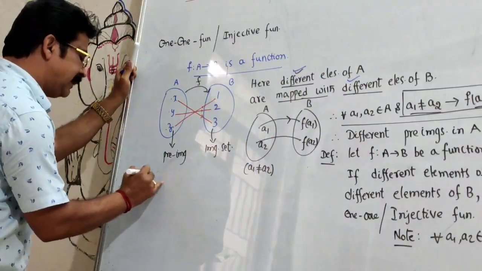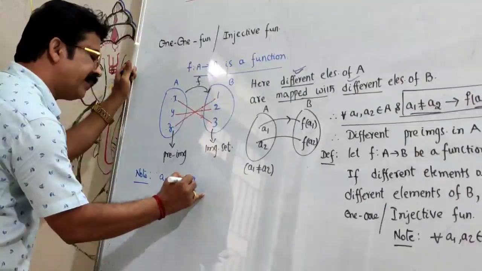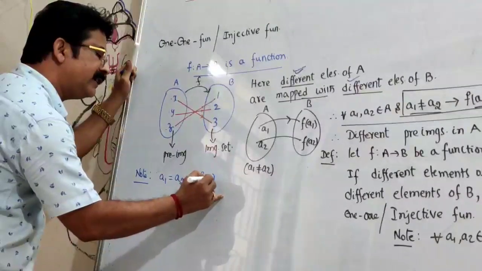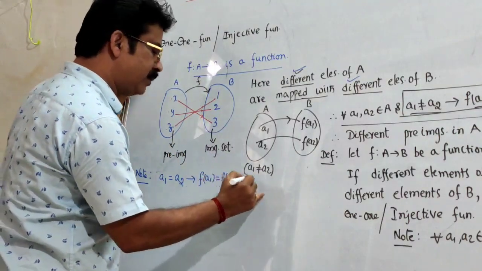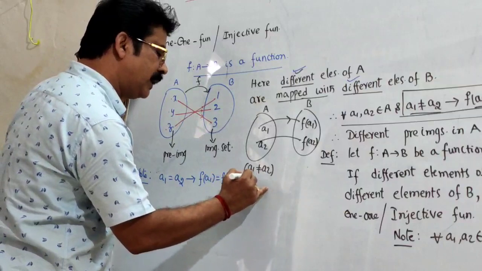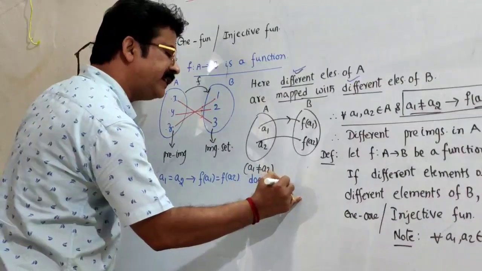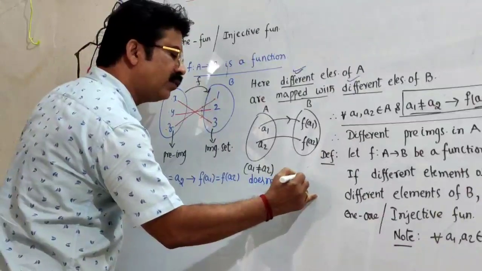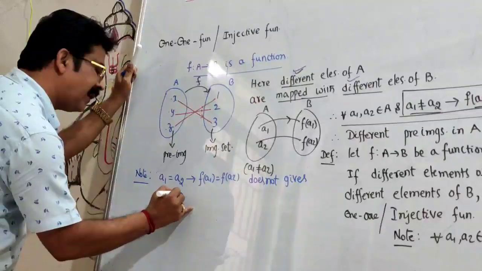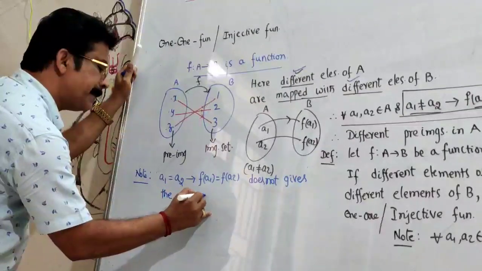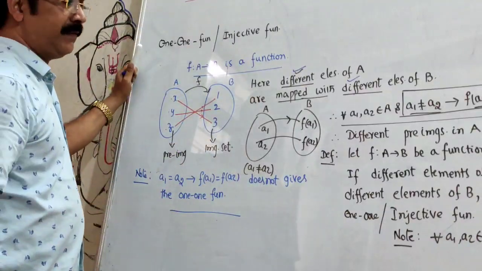So important note: if a1, a2 elements are the same, that implies f of a1 is equal to f of a2, this doesn't give the one-one function. It is not the definition of one-one function.